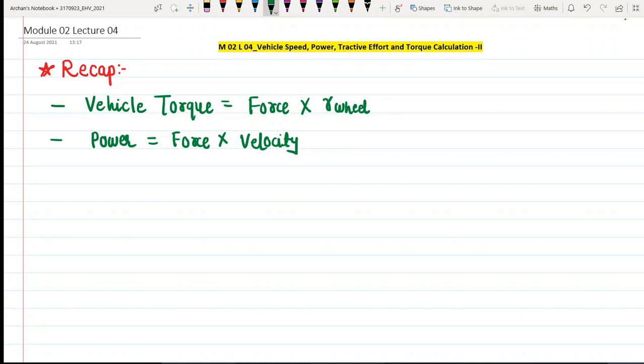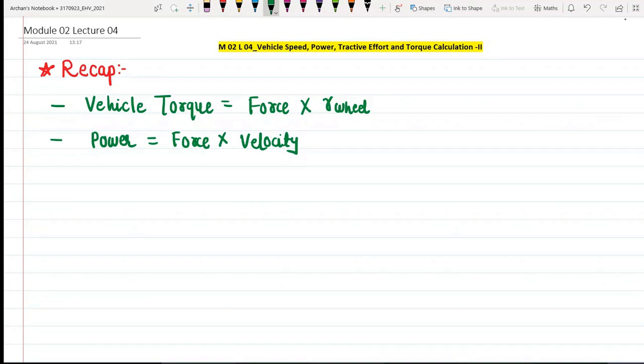These three resistances are to be overcome, and then the generated tractive force will allow the vehicle to move in a particular direction. So we have created some tractive force by the powertrain. That tractive force will first overcome these resistances, and then it will provide the acceleration.